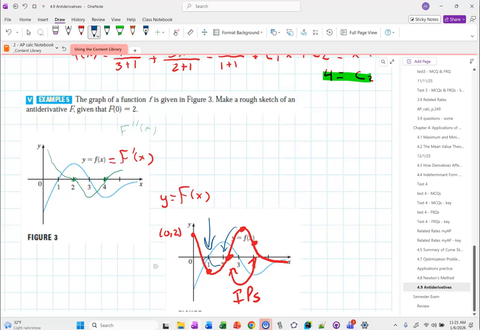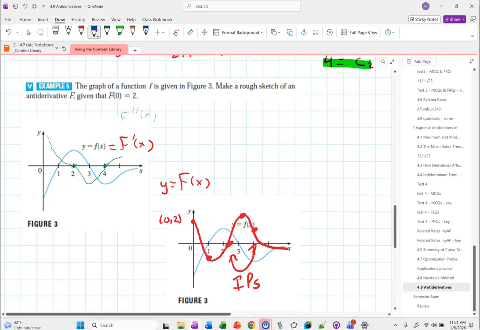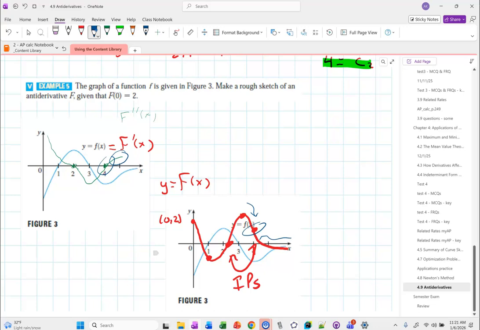Everybody feel good? So that matches. Our second change in concavity happens at 4, where we go from concave down, like a hill, to concave up, which is what's happening, right? So that's the other piece that I wanted to make sure that I had.